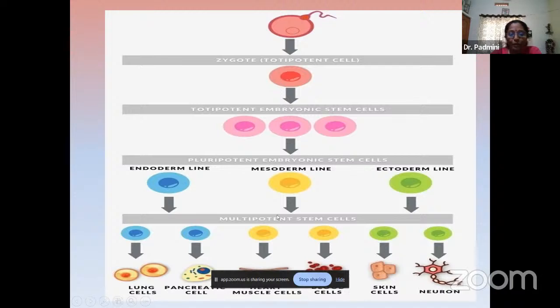From the multipotent stem cells, we can generate different types of cells which can become oligopotent or also unipotent. Unipotent is when it comes to the final stage of what that particular cell is destined to be. So these are the different types of cells we'll be talking about: totipotent, pluripotent, multipotent, and oligopotent and unipotent stem cells.